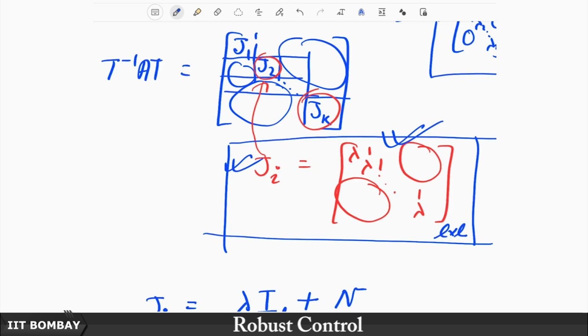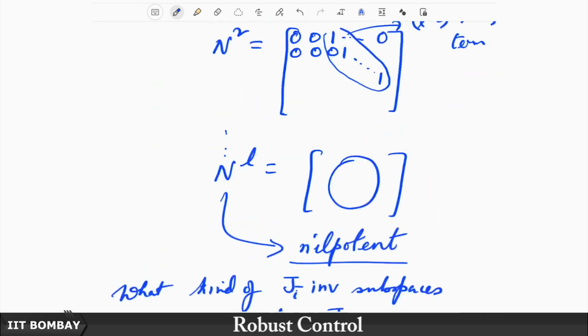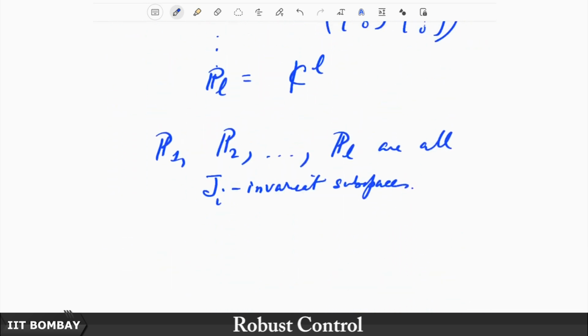What would be the result? When you multiply this first row with such a column, only the first entry reflects. When you multiply through the second row onwards, because the second row's first entry is 0, you will keep getting zeros.